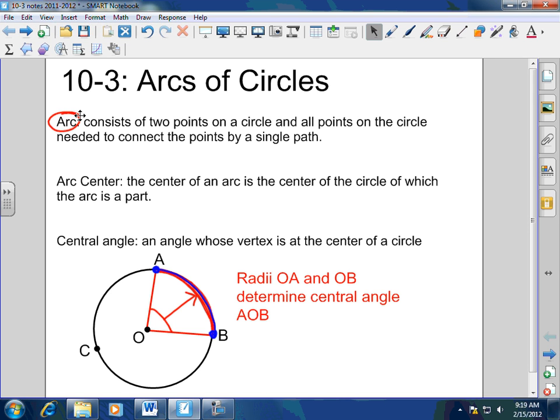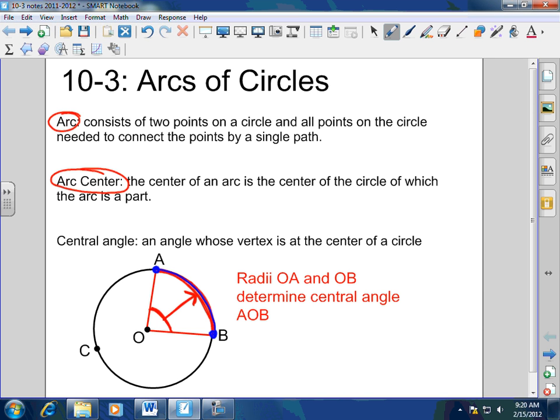As far as the arc center is concerned, the center of an arc is the center of the circle of which the arc is part. So you have circle O here. This is the central angle. It's also the angle that is intercepting this arc. So that is the arc center.